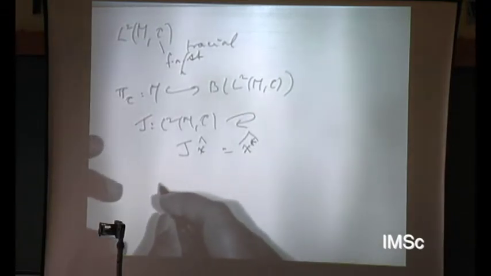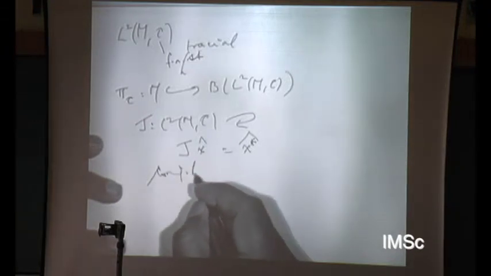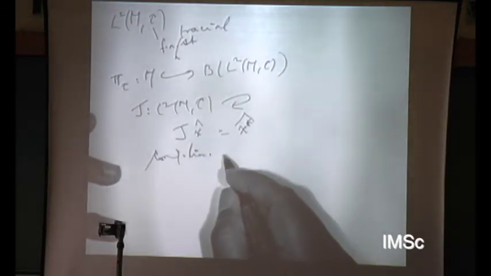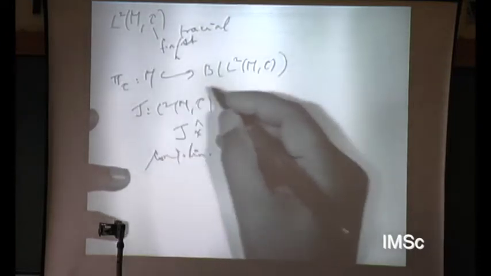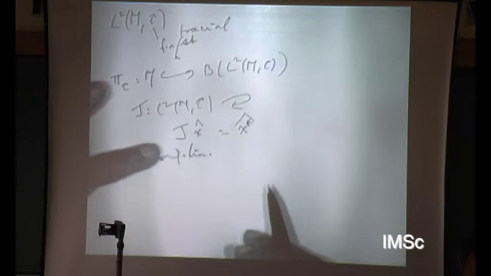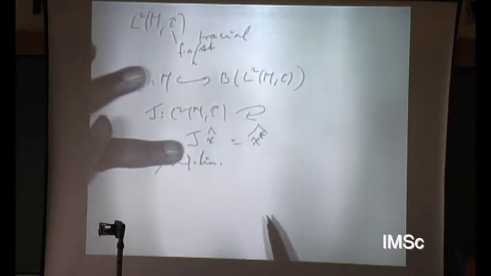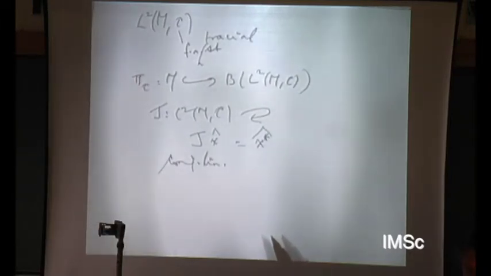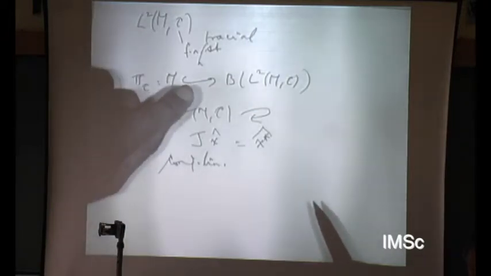And we saw that this was conjugate linear and anti-unitary. So we started with this equation and observed that this was norm-preserving, and hence it is a norm-preserving map of a dense subspace all to itself.